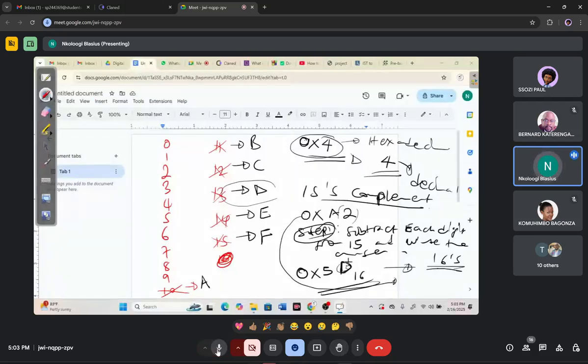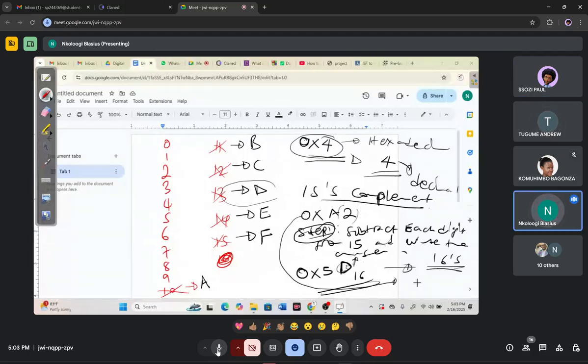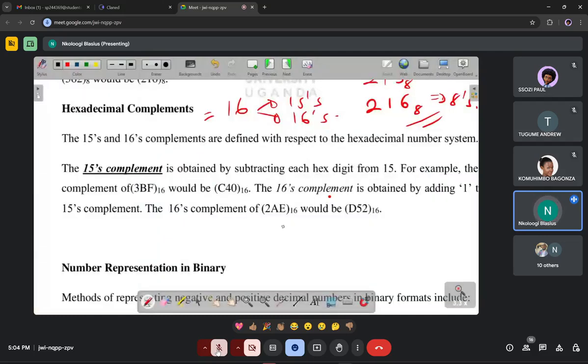Of course, we are adding that 1 always to the least significant digit here. So 1 plus this, what will that be? It will be 15. So it will be E. So you have 0x5E. So this will be the 16's complement.